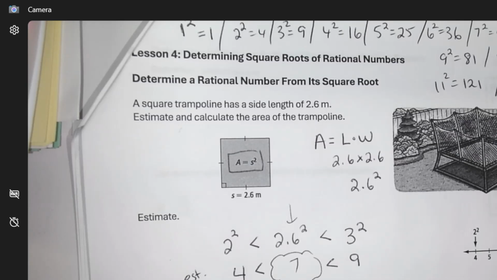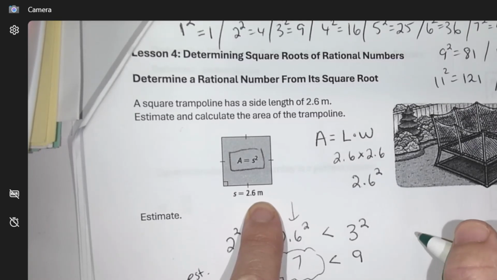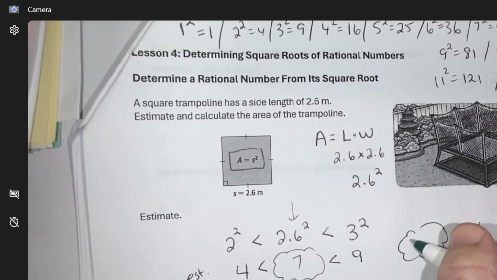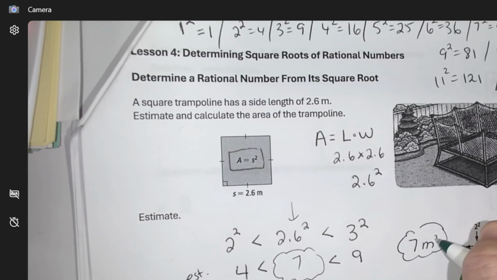So maybe 7 would be a good number. It's just an estimate, so you have to be reasonable. When I'm working with area and it tells me this is in meters, what should I say after the 7? Meters squared.